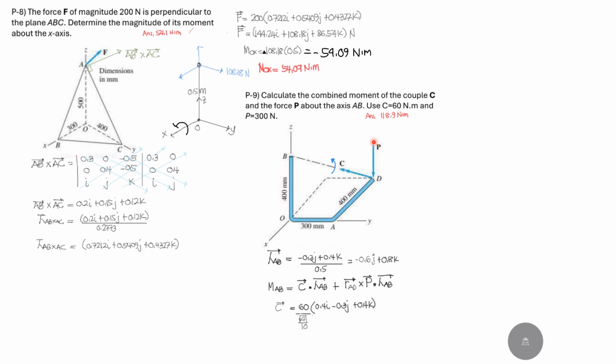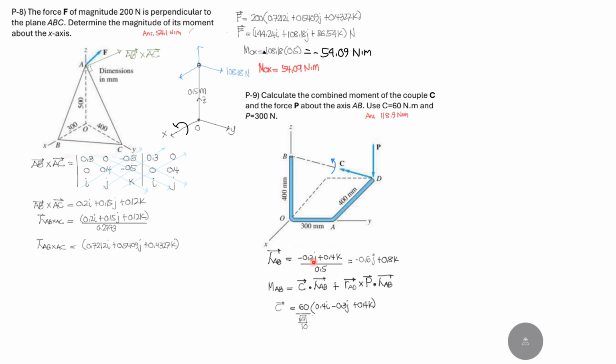Then for P, it is either r BD cross P dot lambda of axis AB or r AD cross P dot lambda of axis AB. So it is simpler if we use r AD cross P then lambda of AB for that case. So we define the unit vector of AB first, and it is to the left negative 0.3. Again, we convert mm to meter.